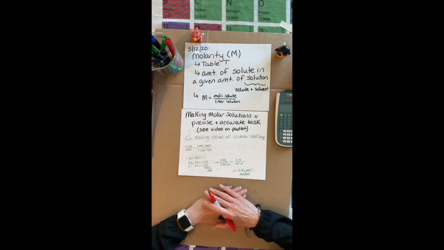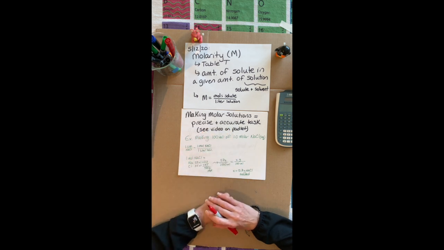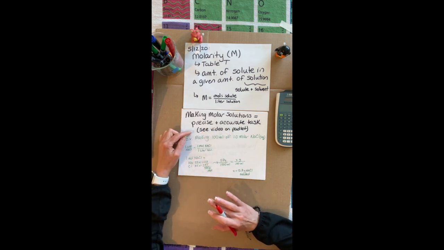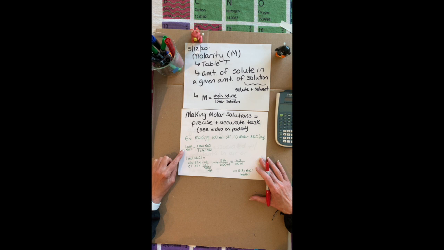Okay, so I want to talk to you a little bit about making molar solutions. Making molar solutions in the laboratory needs to be very precise and very accurate. There is a video that I'd like you to watch right after this one that demonstrates making a molar solution. And in preparation for that video, I'm giving the example that they use there.